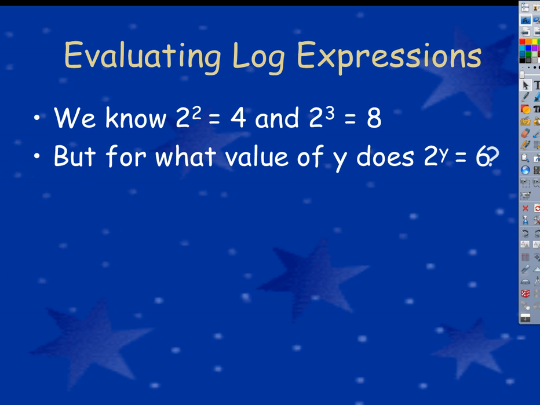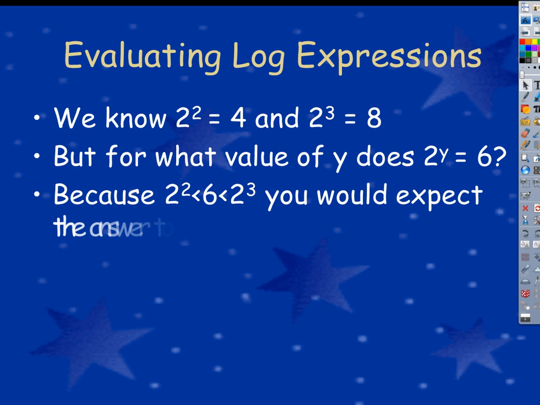So for example, using properties of logarithms allows us to take exponential relationships and make those products or quotients, right? Which is easier. So how does this work? Because 6 is between 2 squared and 2 cubed, we know that we're going to get the exponent here.